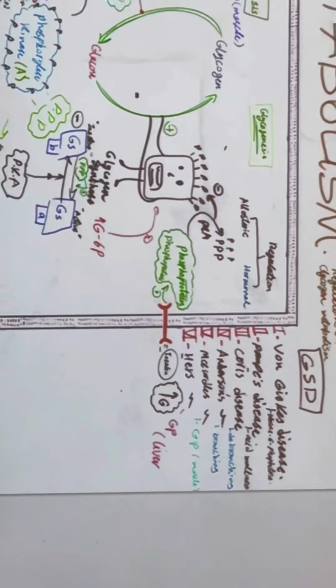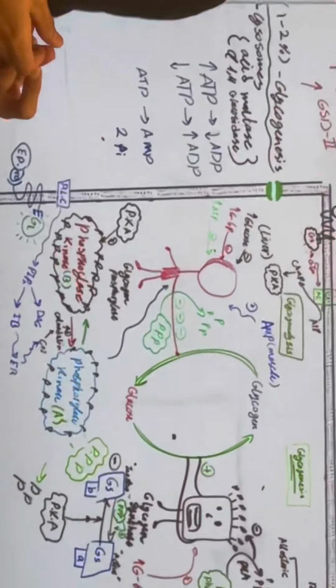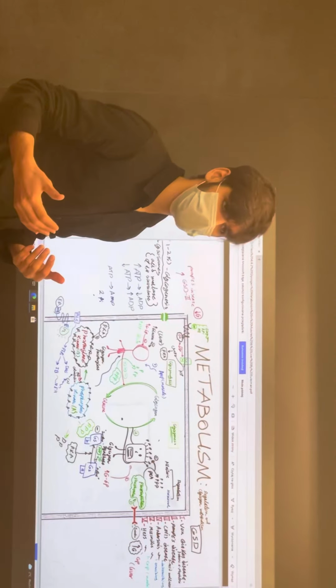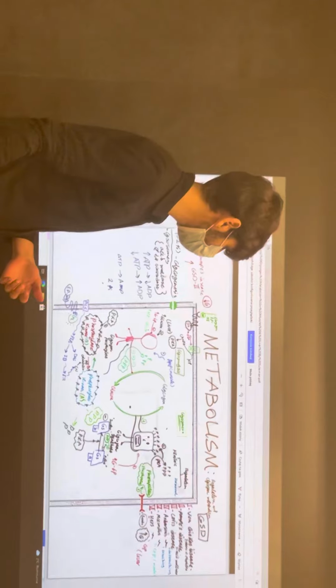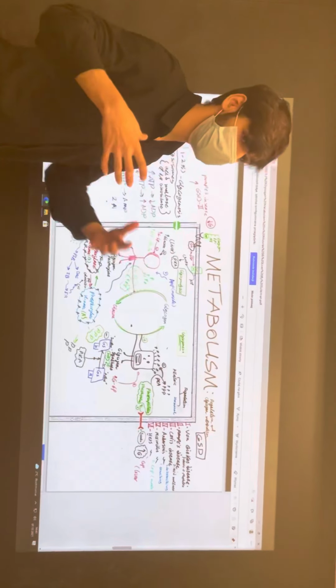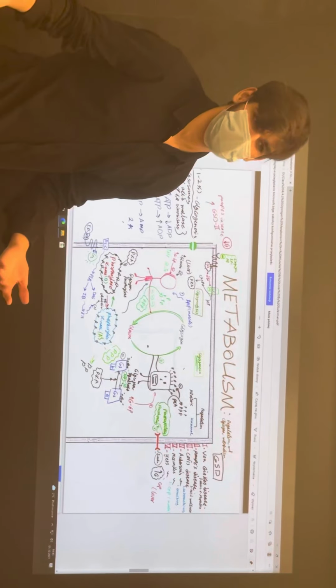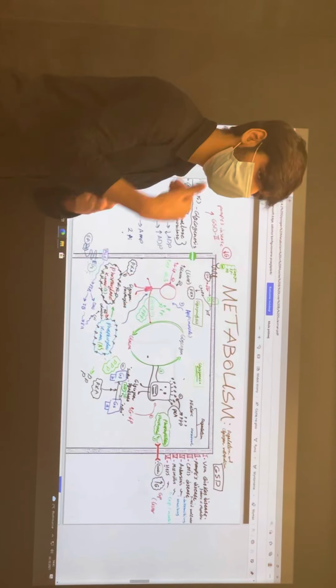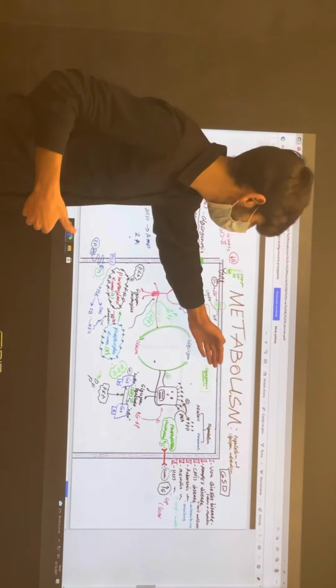Let's say a body has an increased amount of glucose 6-phosphate. What does that mean? It means you have an increased blood glucose level, so you don't need any more glucose. What you want is for more glucose to be converted to glycogen.